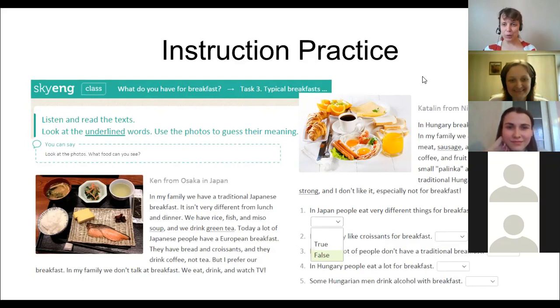Okay, so what can we say about these instructions? Were they clear, short? Yeah. As for these instructions, I think that I understand them, but maybe I didn't understand what I should do.